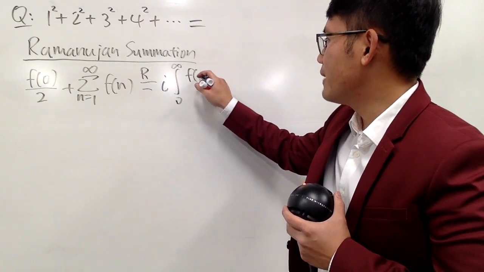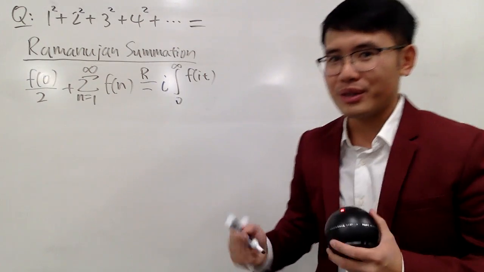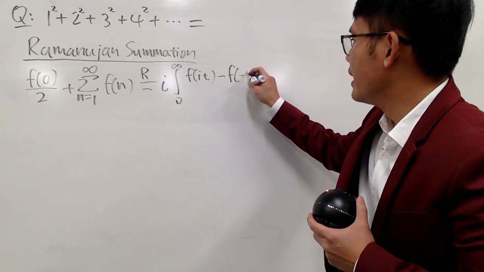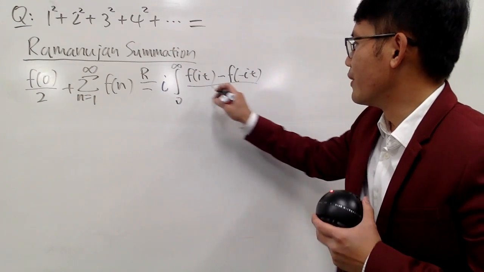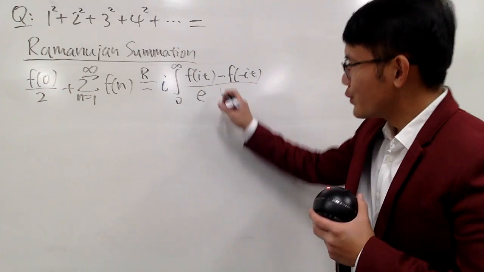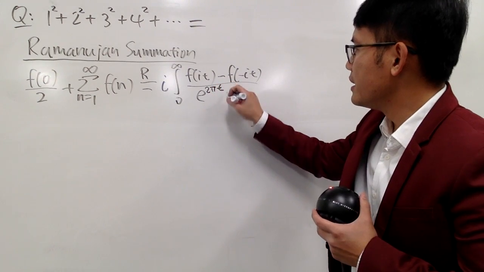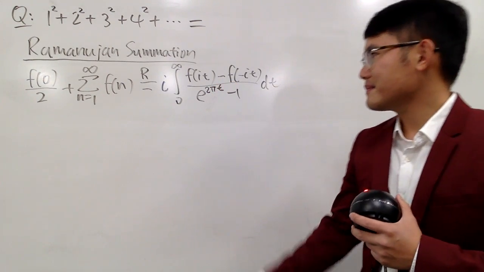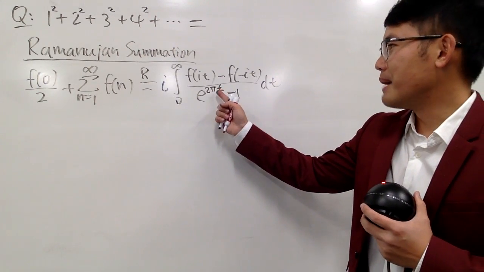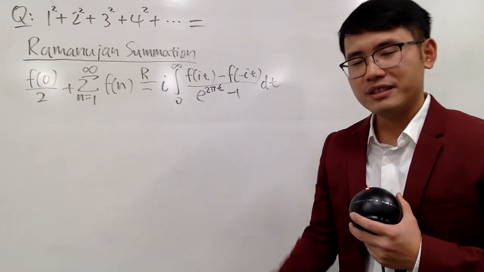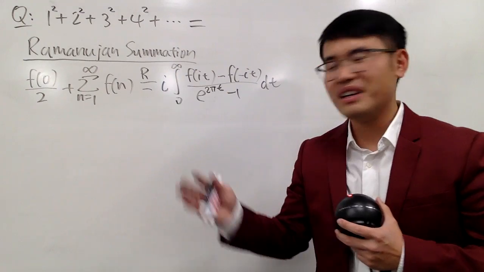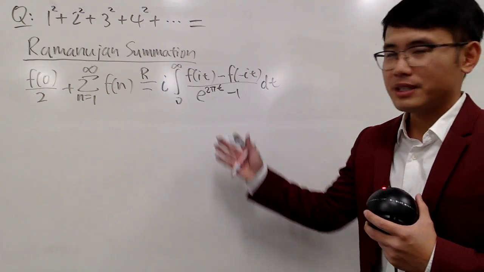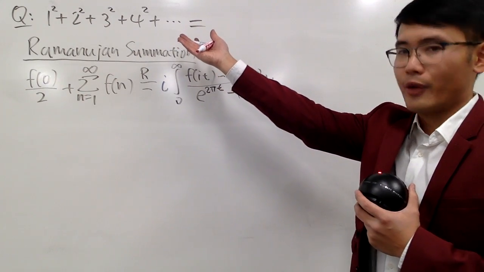Here inside, you have f of it, and then minus f of negative it, over e to the 2 pi t minus 1 dt. And as you can see, you have 1, 2, pi, e, and i all in this integral, also 0 and infinity. How cool is this, right? Well, we'll be using this to help us get a value for that.